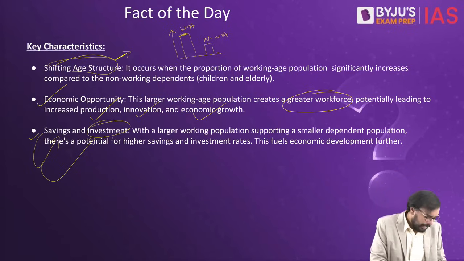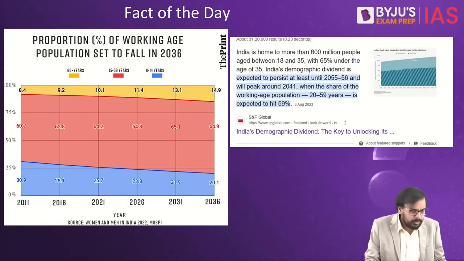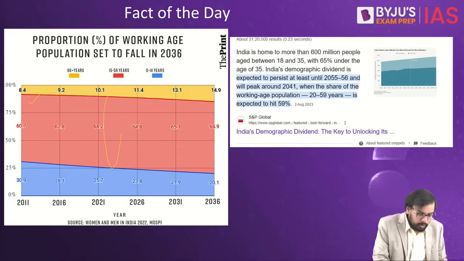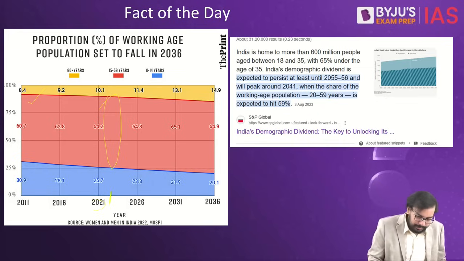Now India is in the demographic dividend stage. Consider this graph, which shows the proportion of working age group. Assume that we are in this period now. This blue one is your children, this is your senior citizens.